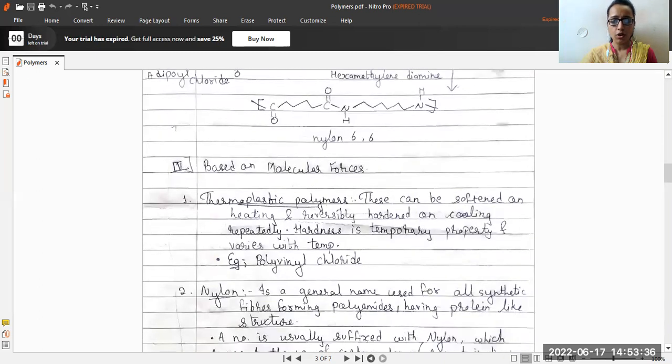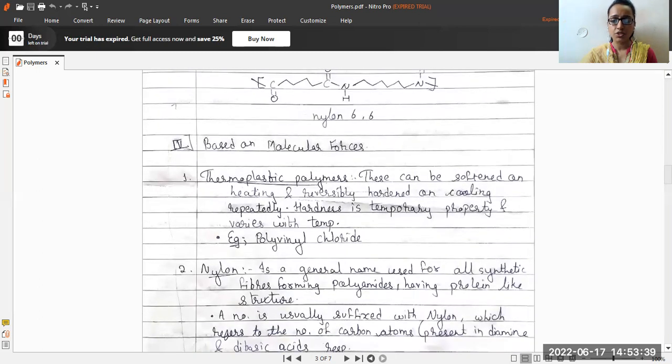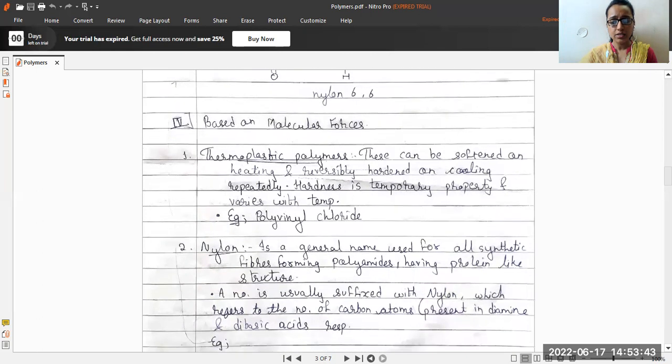Next, we'll talk about the classification based on molecular forces. In this, we'll see thermoplastic polymers. As the name suggests, these can be easily softened when heated, and they get reversibly hardened when cooled again.